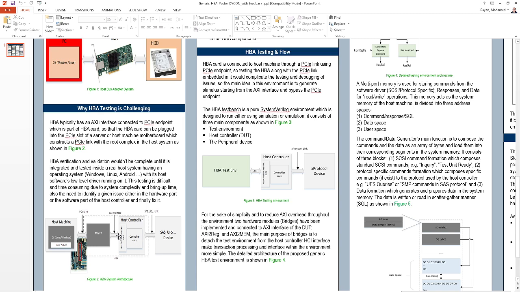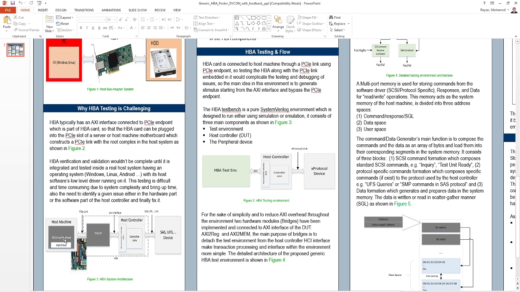Typically, for this complex system, host bus adapter verification and validation wouldn't be complete until it is integrated and tested inside a real host system, with the operating system running on the host system along with its host software driver or low level driver running on it.